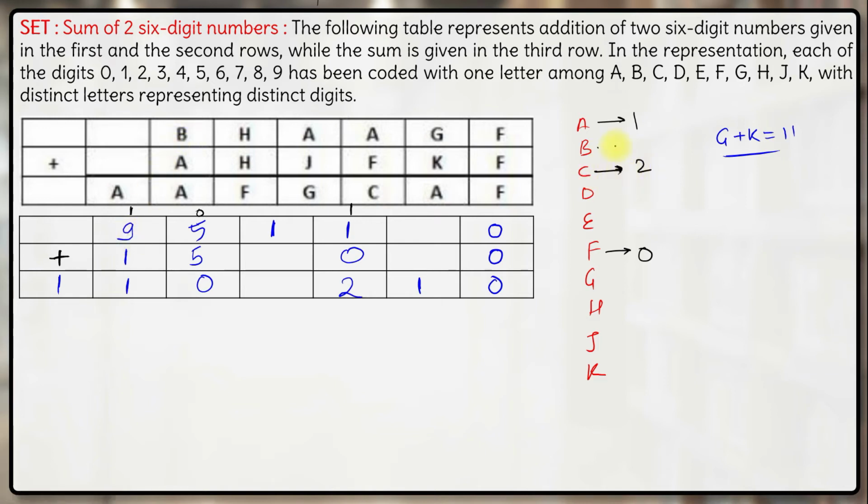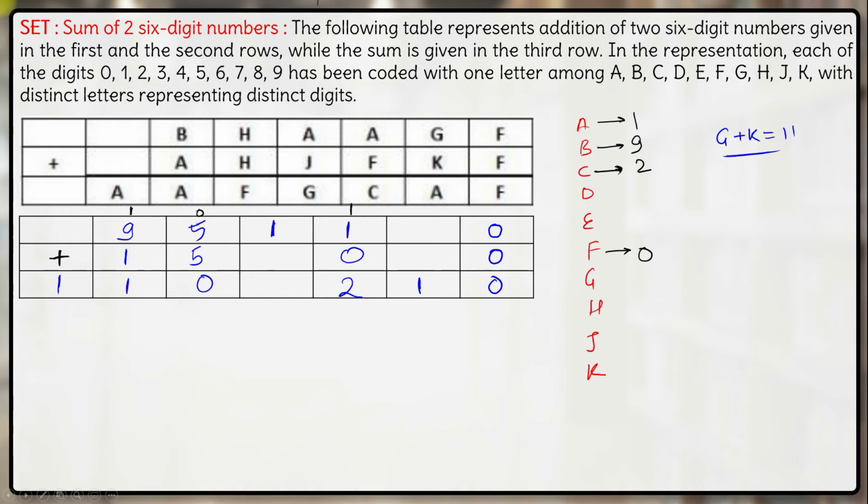B is equal to 9. Then we have F we figured out. We need to figure out J here. G and K also we need to figure out. Okay, so this is what we have figured out so far.